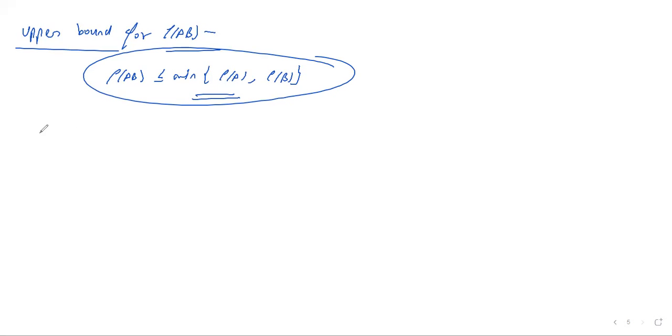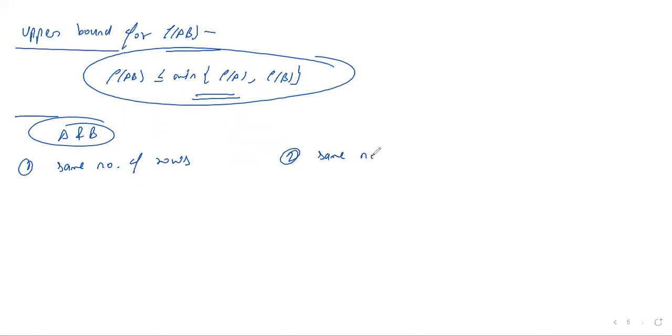Okay, so for that, let's consider that I have two matrices A and B. I am considering the first case that these two matrices have the same number of rows, and the second case that they have the same number of columns.